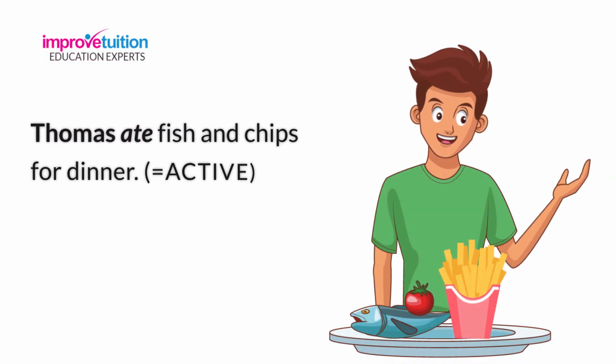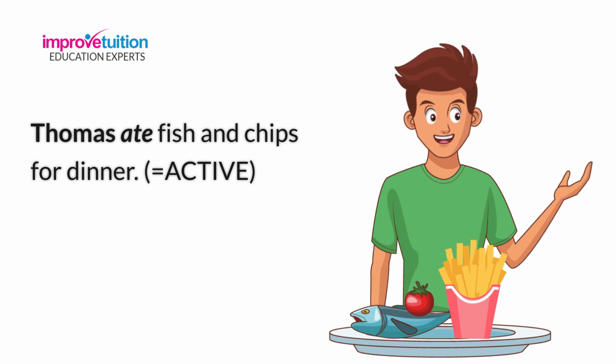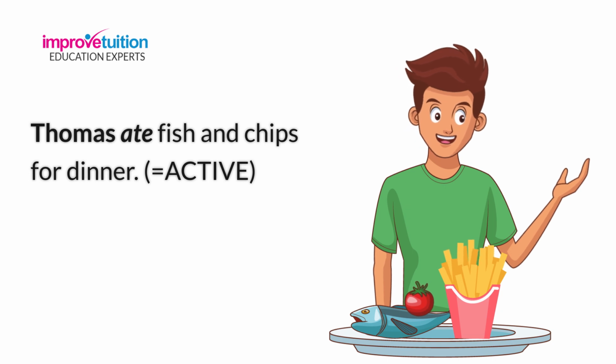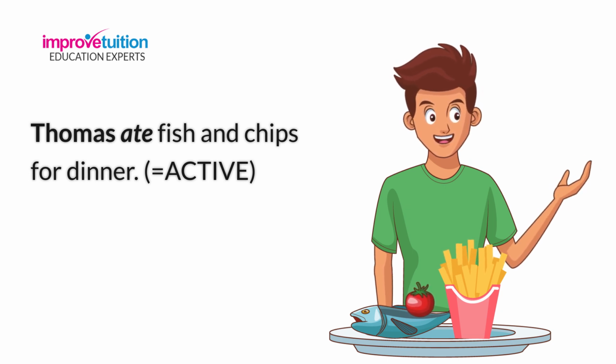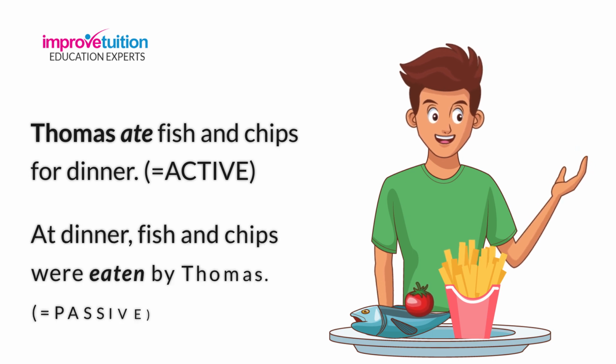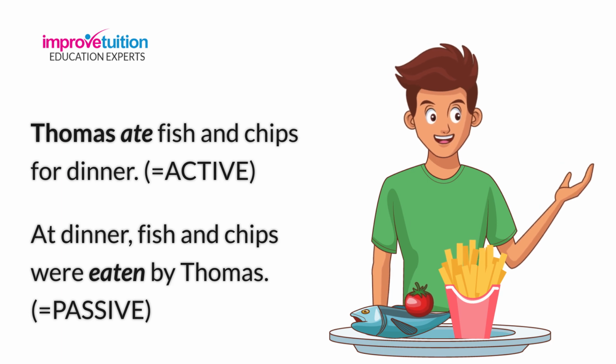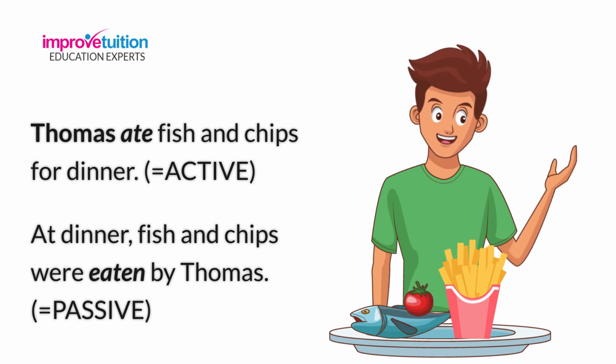Thomas ate fish and chips for dinner. That's in the active voice. Thomas is the person who was eating the fish and chips. Notice how dinner was at the very end in the active voice. It's now very near the front in the passive voice.